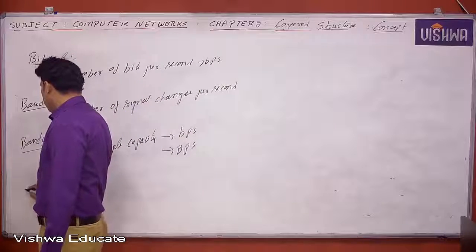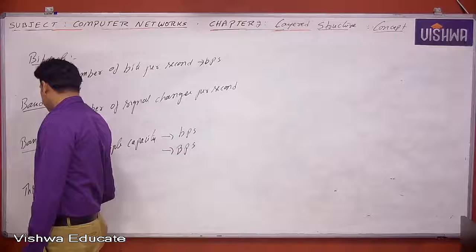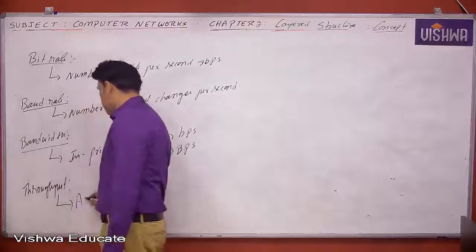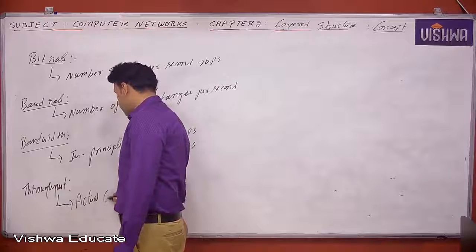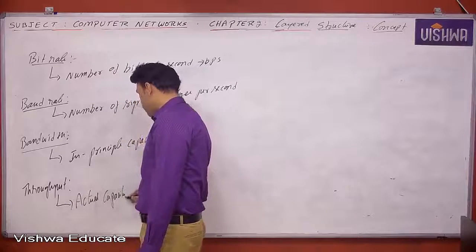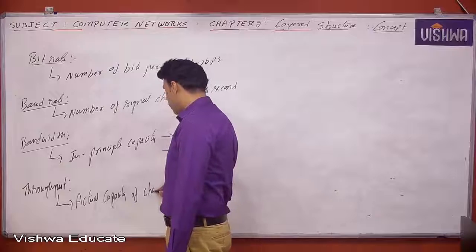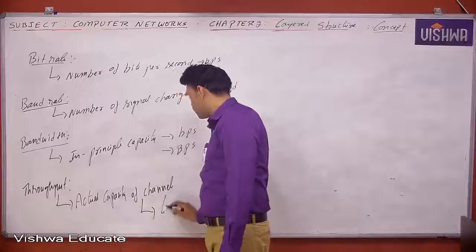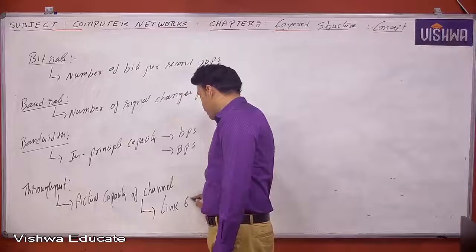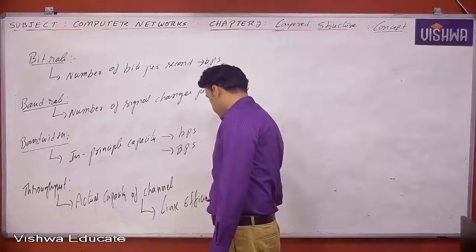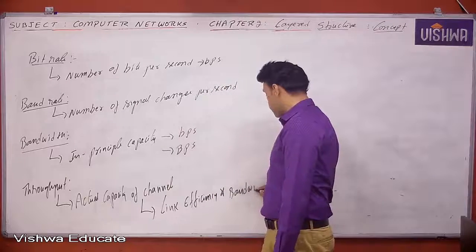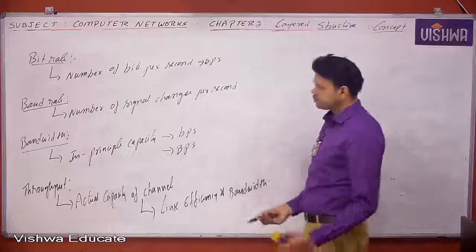And the next one is throughput. This is the actual capacity of a channel, which depends upon link efficiency times bandwidth.